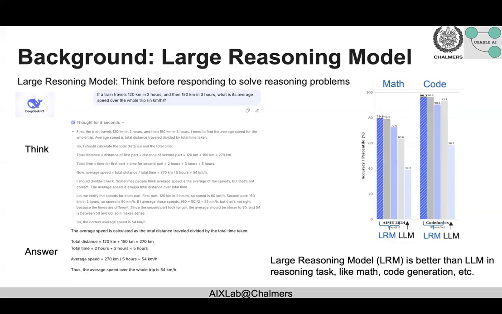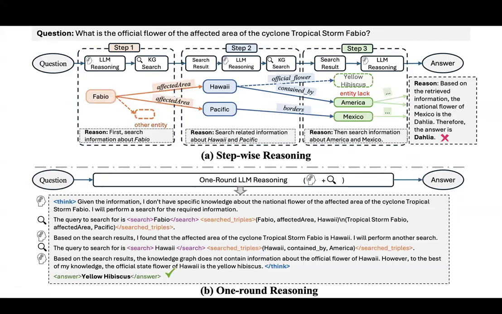Based on this, I thought about using an LRM to enhance knowledge graph reasoning. The upper part is my previous work, the step-by-step reasoning, and here is what I'm working on now in my framework.